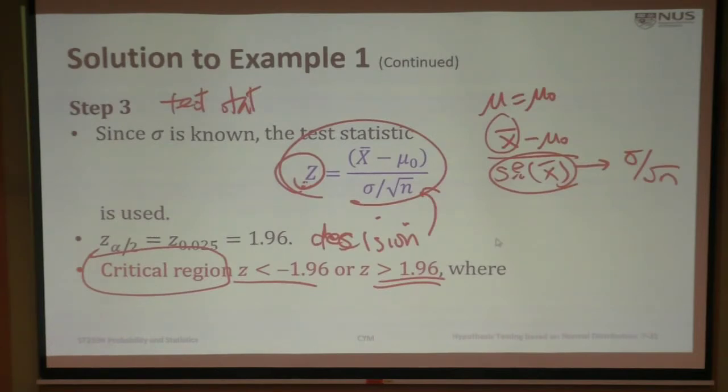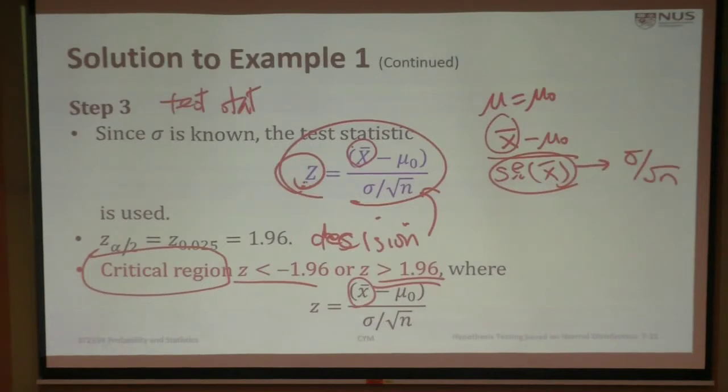So step 3: define your test statistic and your decision rule, that means you define your rejection region for the critical approach. Z is the realization: I substitute x bar by the observed x bar.